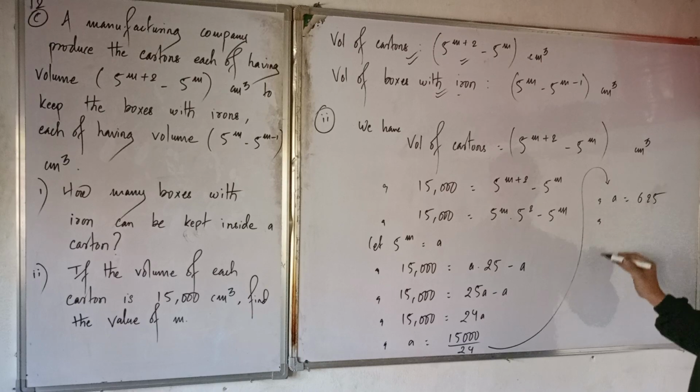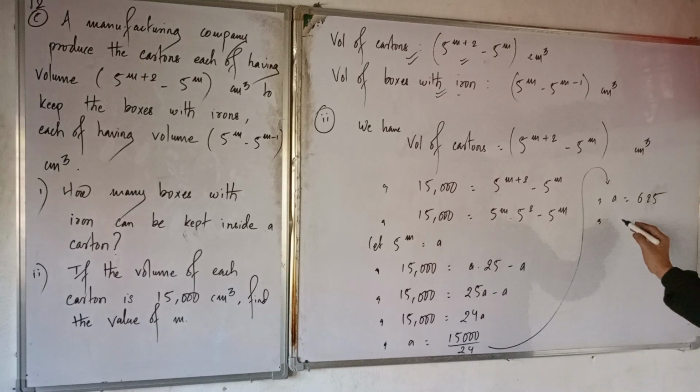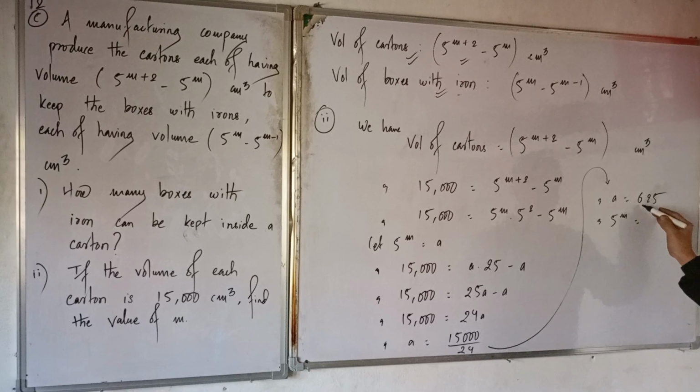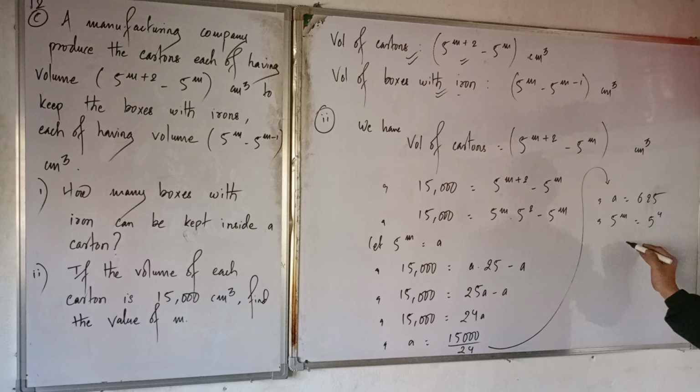Replace back the value of a by 5 power m. So 5 power m equals 625. Try to convert this 625 in terms of 5 power 4. So we have the same base here, equate the powers, and you will get m equals 4.